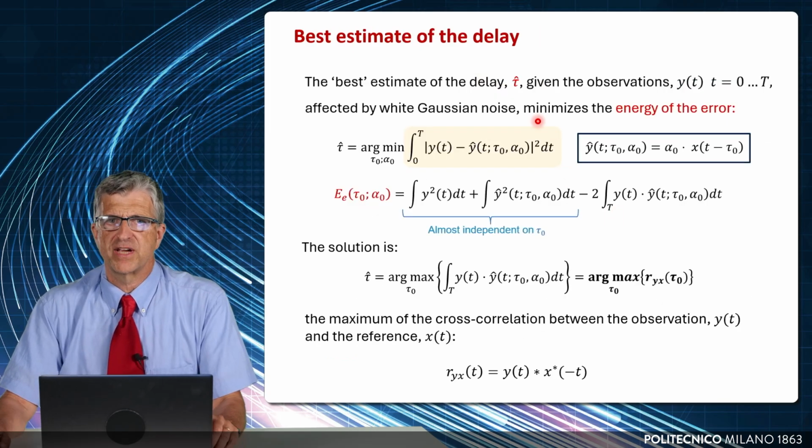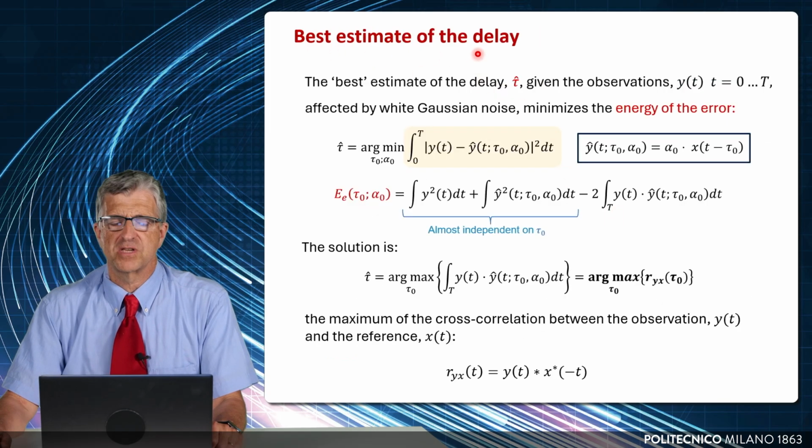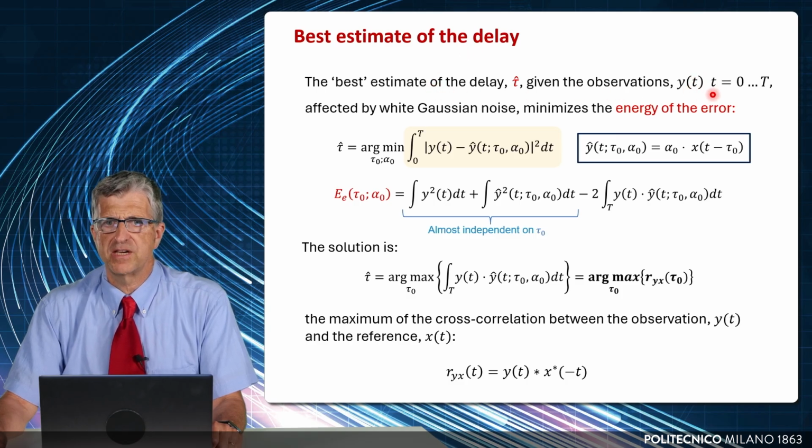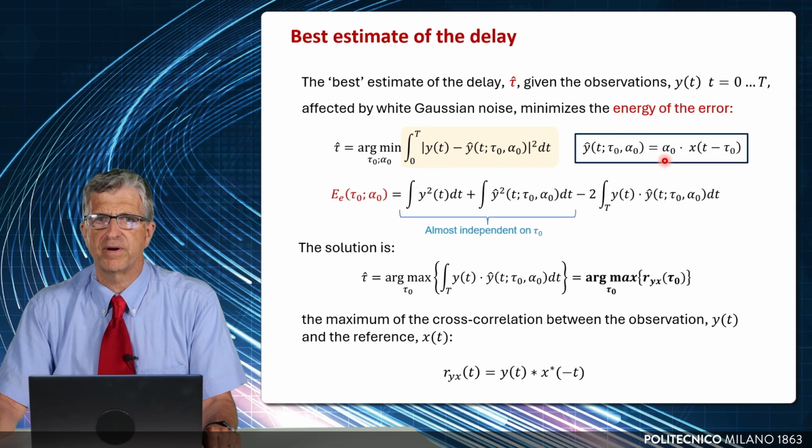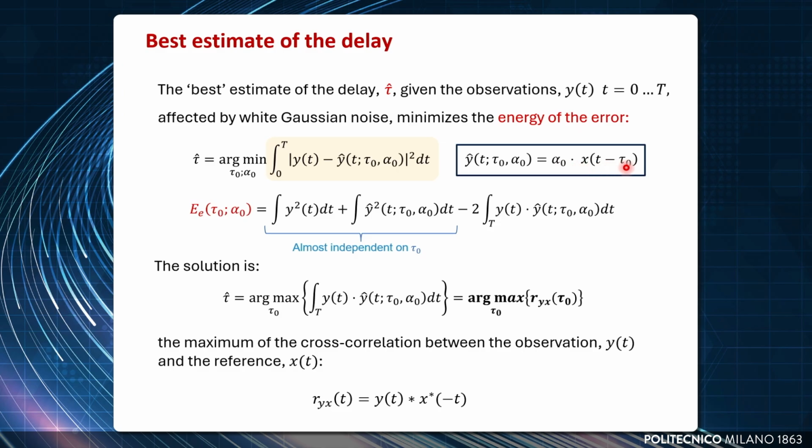Let's move to the first question. What is the best estimate of the delay? So the problem is framed in this way. We observe the signal, y of t, from 0 to big T, and we have a model of the signal that is a scaled version of the reference signal, also delayed. These two parameters, alpha 0 and tau 0, are to be found.